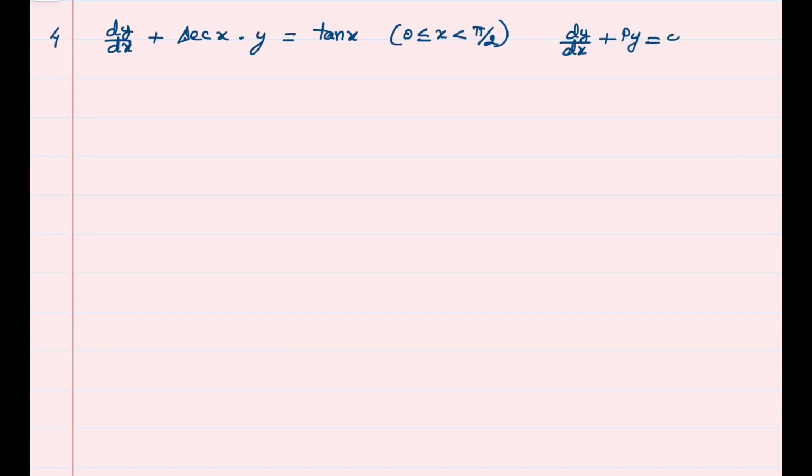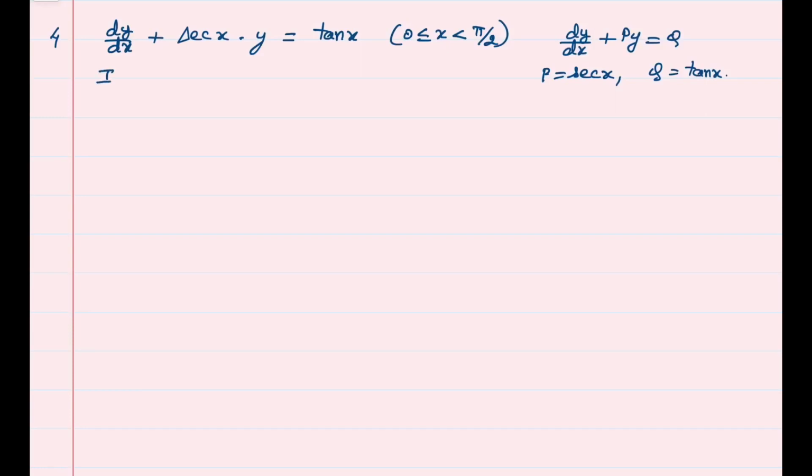Question number 4. dy by dx plus secant x times y is equal to tan x, 0 less than or equal to x less than pi by 2. This equation is also in the linear form dy by dx plus py equal to q, where p is secant x and q is tan x.